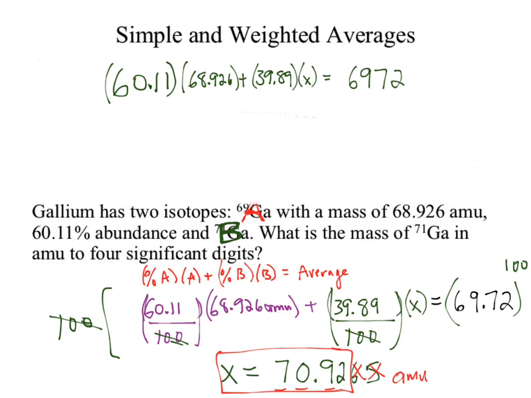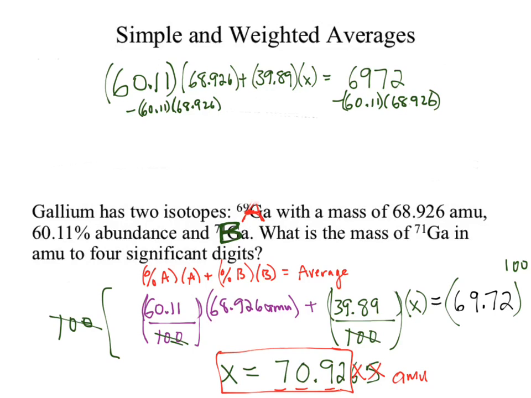At this point, I want to isolate terms. X, I want to get all by itself. So the first thing I will do is subtract that horrendous number. Since I didn't actually write it down, I'll have to do all this stuff. I subtract it from over here, 60.11 times 68.926. Anybody that actually did that math would be much appreciated.